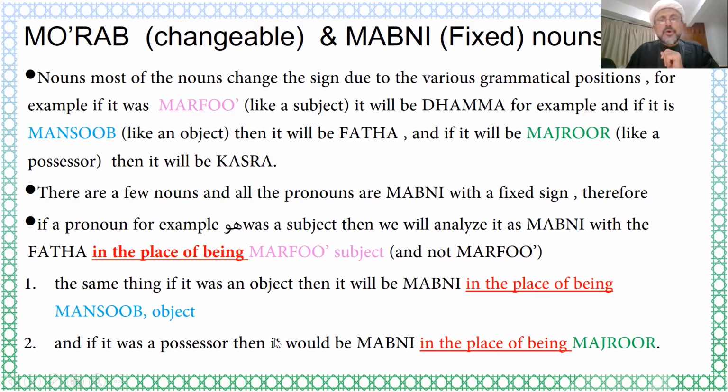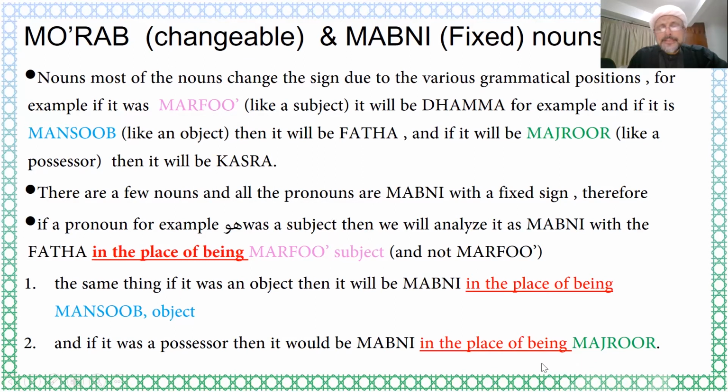Okay, what if it was preceded by a preposition or a possessor? We will say huwa is fixed with a fatha, like min huwa, from him, preceded by a preposition, huwa fixed with a fatha in the place of being majroor.